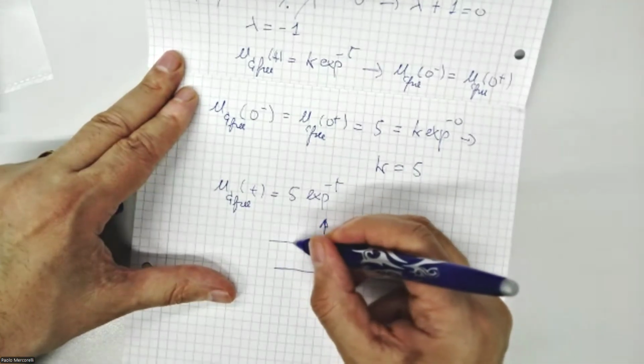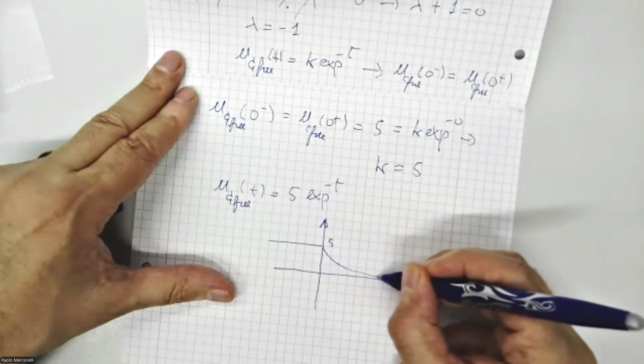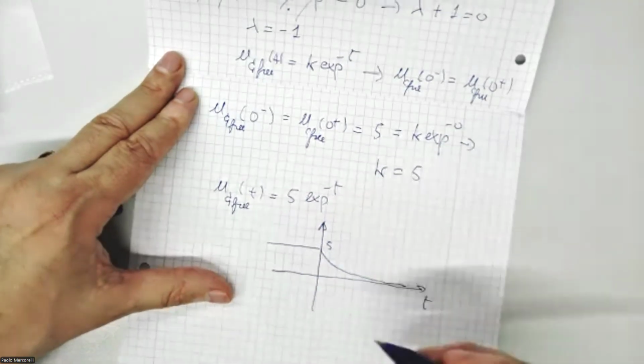This means we have 5 and then something like that.